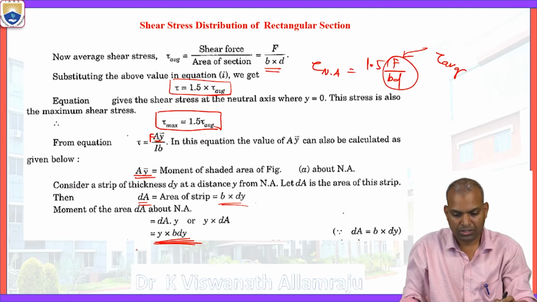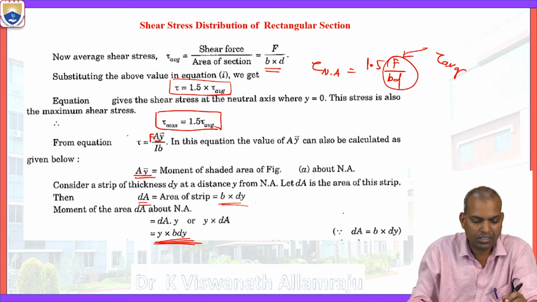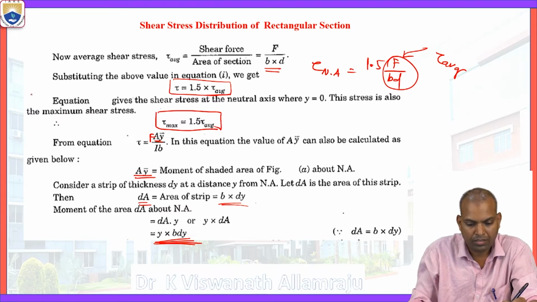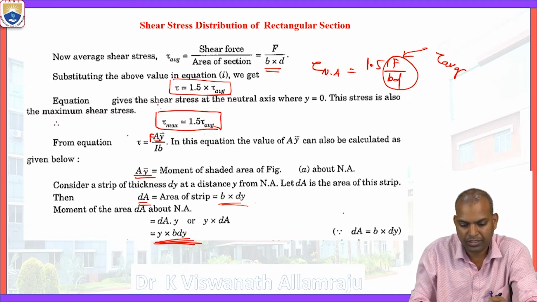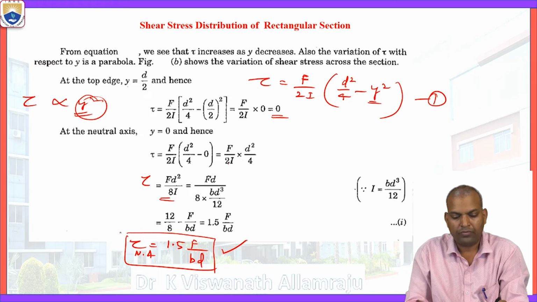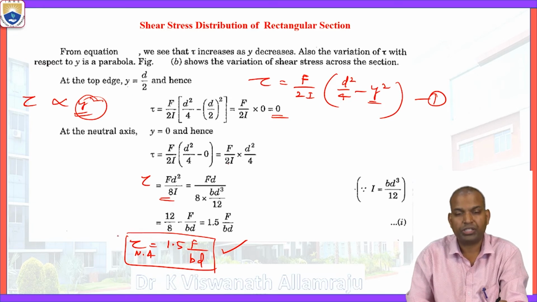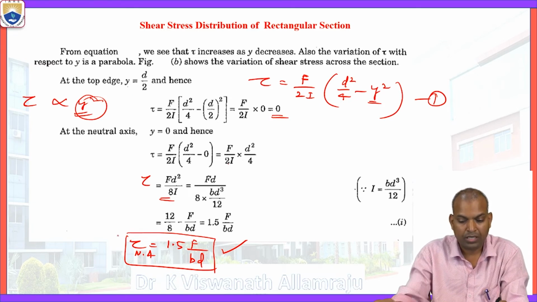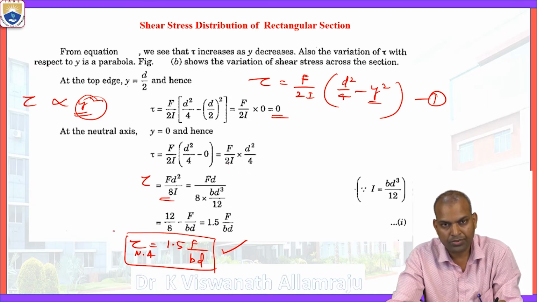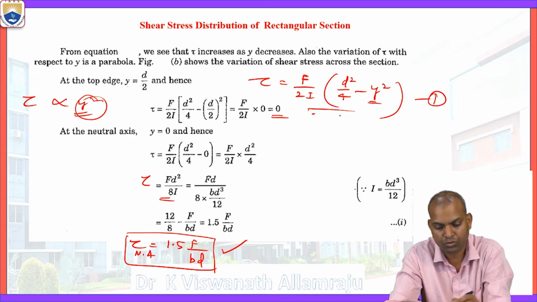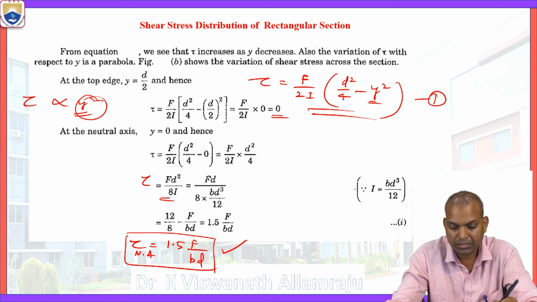So we found that for a rectangular section, the shear stress formula is tau equals F by 2A times d square by 4 minus y square. This shear stress is proportional to y square. When y decreases, shear stress increases; when y increases, shear stress decreases.